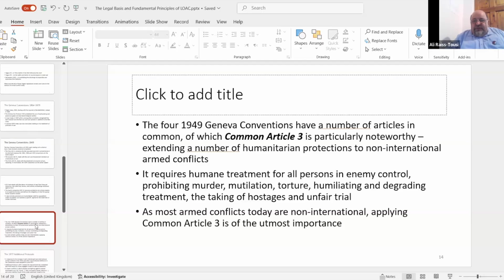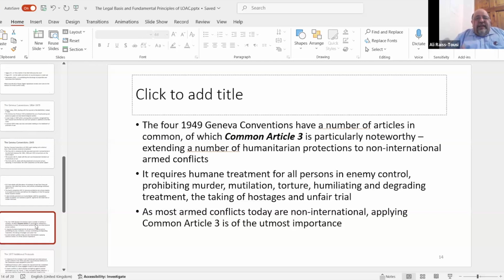They cannot be subject to any form of humiliating or degrading treatment. One of the parties, whether the state or the rebels, cannot take hostages in order to advance their aims. The state cannot rely on unfair trials to crush a rebellion.